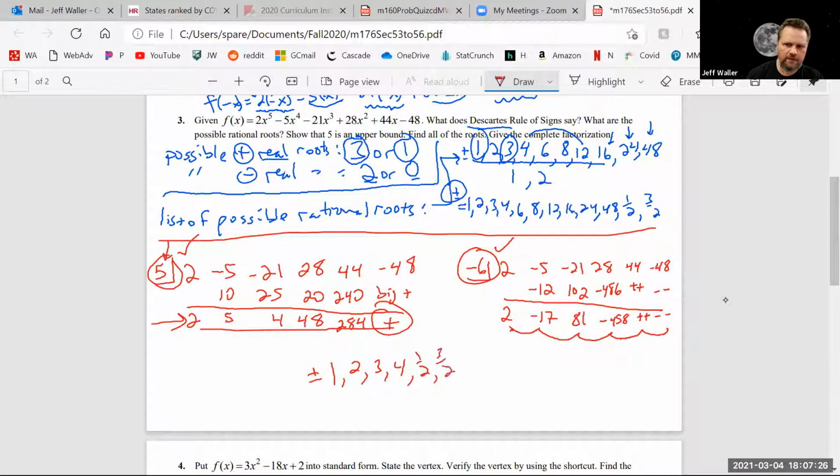That's what my list looks like now. And I eliminated -6, and of course +6 was already eliminated, because that's an upper bound. So 6 won't work, it's above 5. And of course -6 is eliminated because it didn't work.